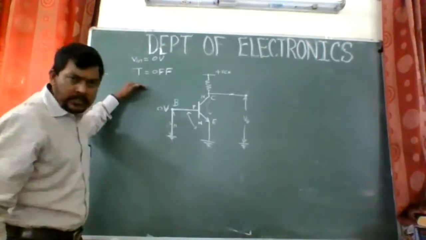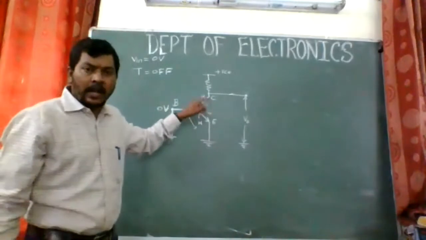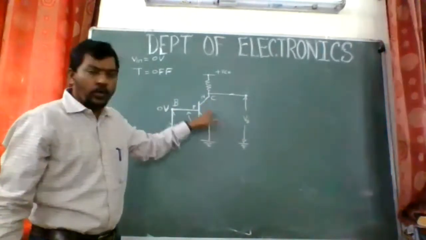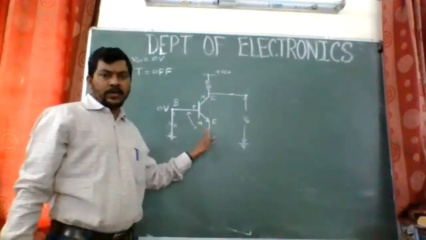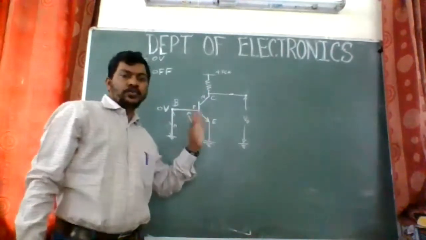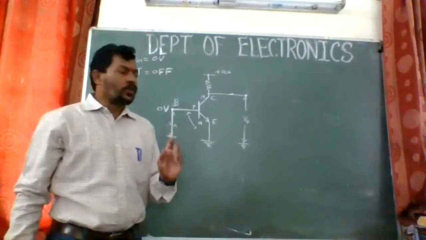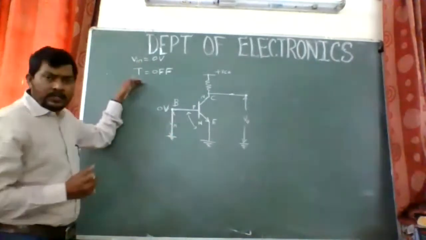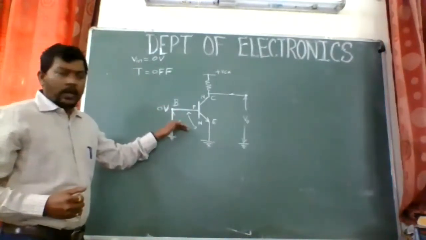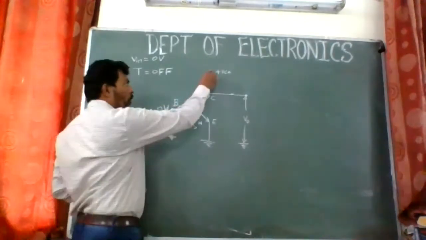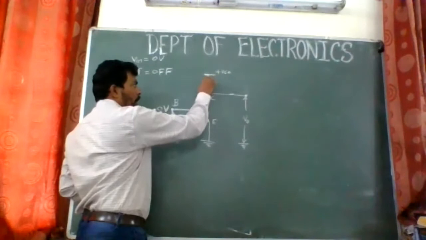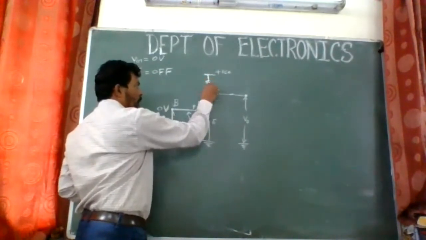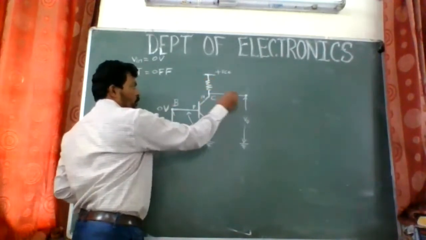If the transistor is off, it implies that there is no current flowing through this transistor from collector to the emitter or from the base to the emitter, right? So as soon as this becomes off, the whole of this voltage, that is the plus VCC, is going to come across this transistor to this position.